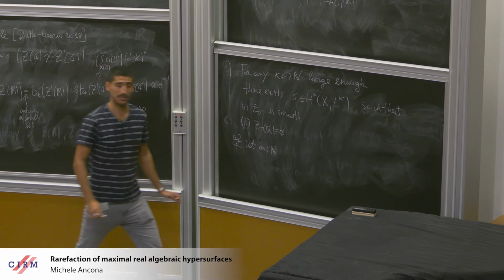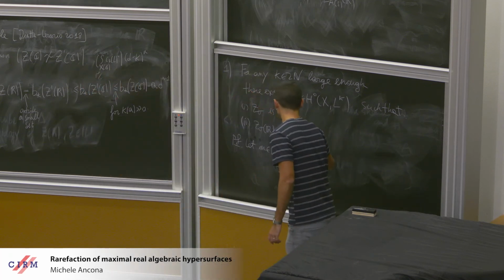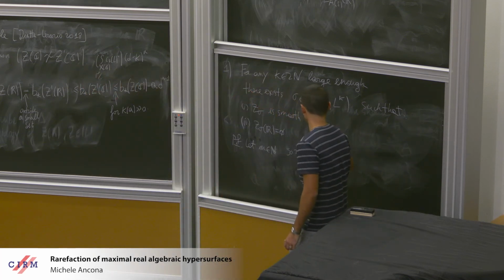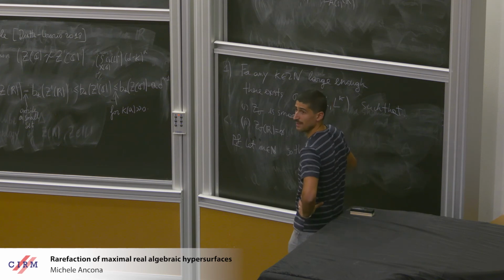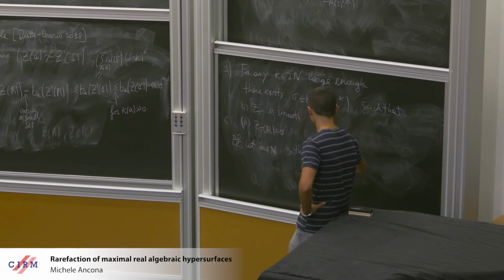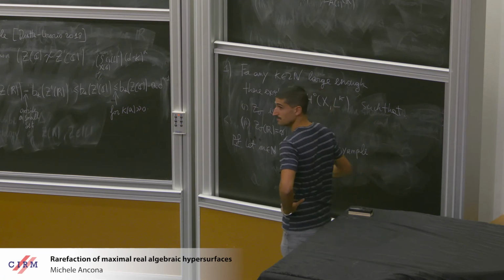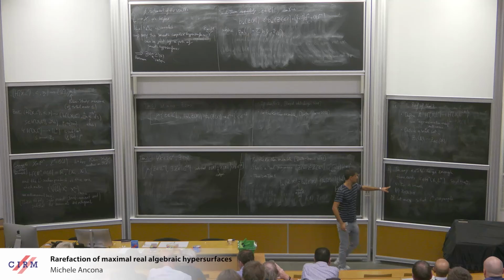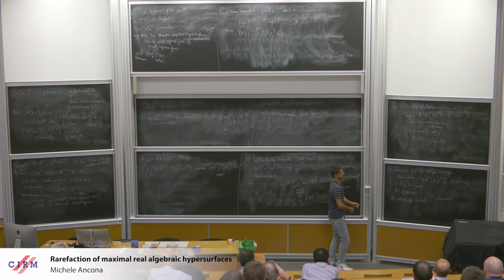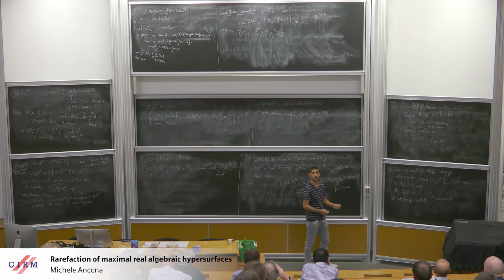So one takes M large enough so that L power M is very ample. And then this sigma is just a small perturbation of the sum of the squares of a basis.